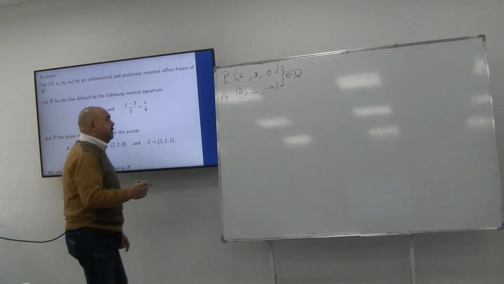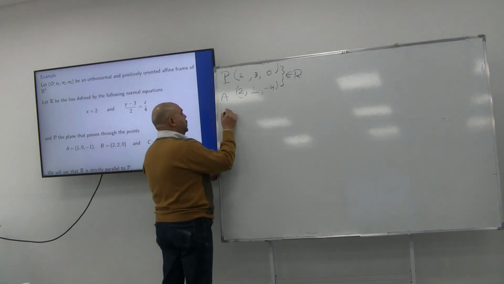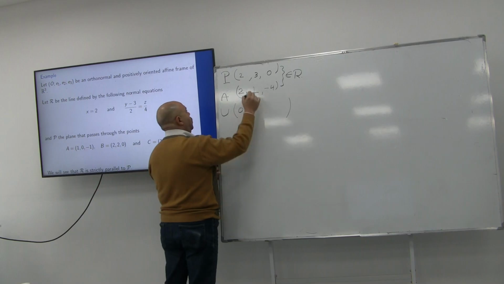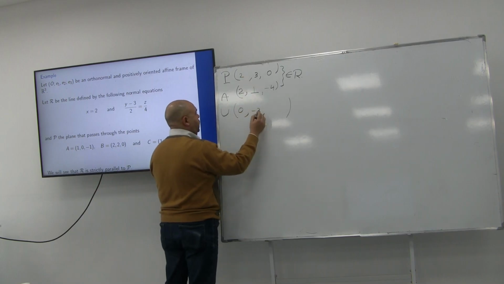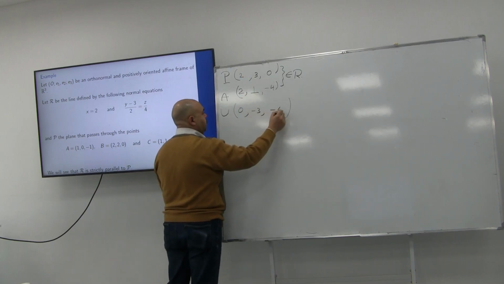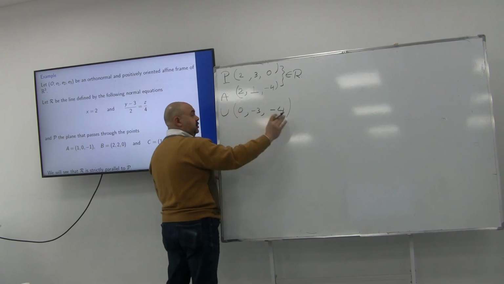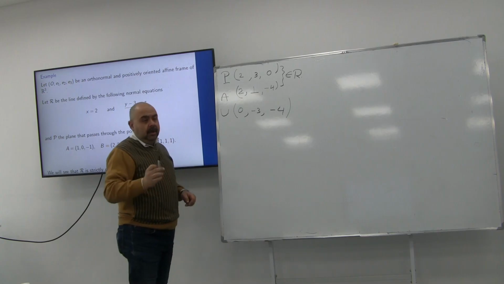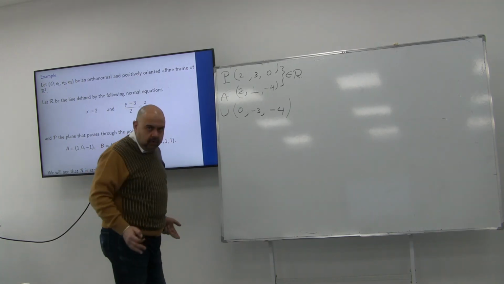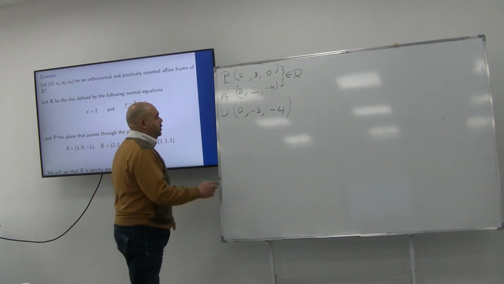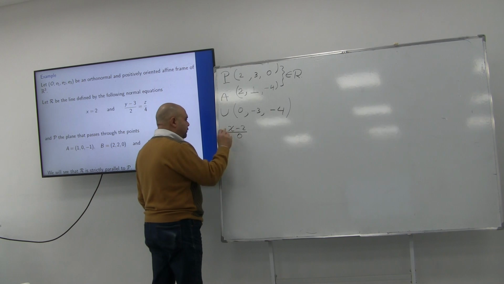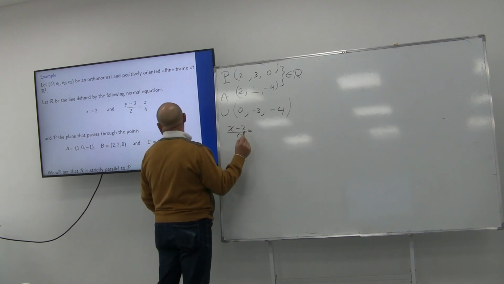If I want to get the vector of this straight line now, it's going to be really very easy, which is 2 minus 2 equal to 0, 1 minus 3 is going to be negative 2, negative 4 minus 0, which is going to be negative 4. I can use it this way or write it as (0, negative 2, negative 4). Also, I can write it like this: (x minus 2) over 0, but people don't feel comfortable writing this equation in this form.